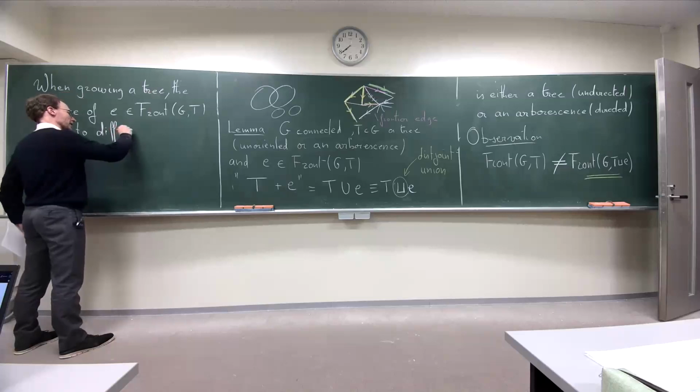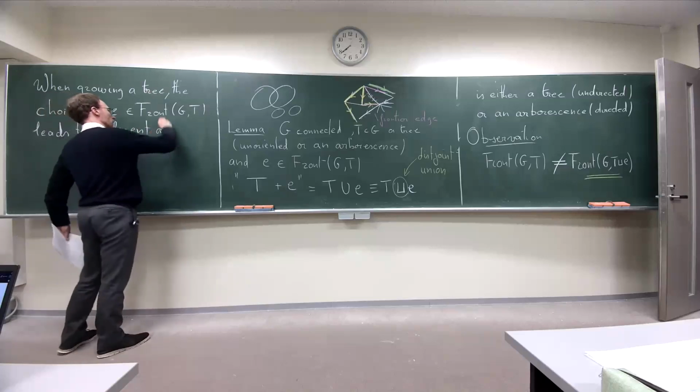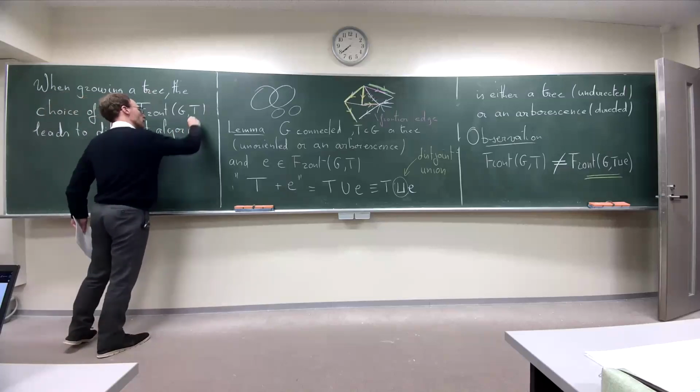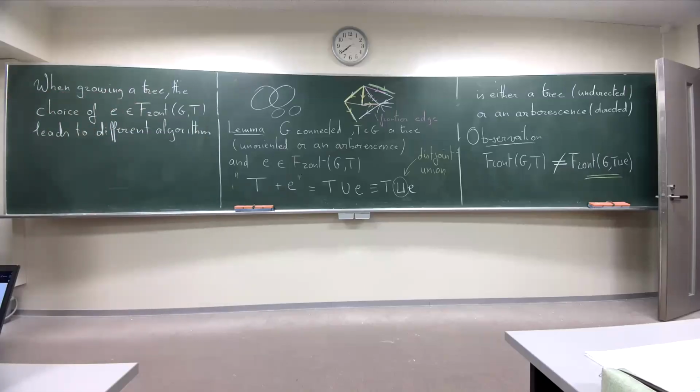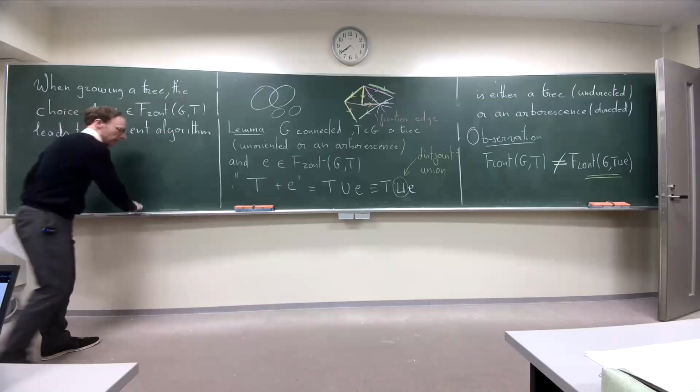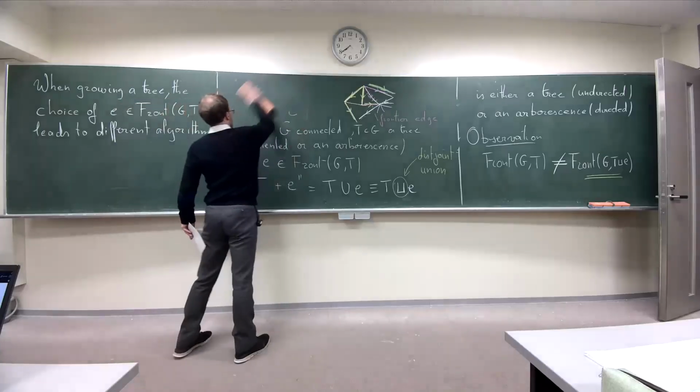So I have to be more precise. But what is the idea? How am I going to choose the new edge? The rule I impose for choosing this new edge will lead to a new algorithm. So I will present two. Any question?